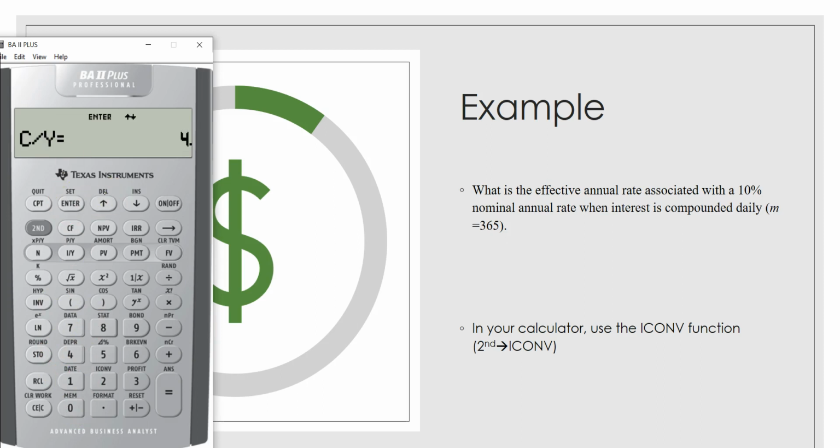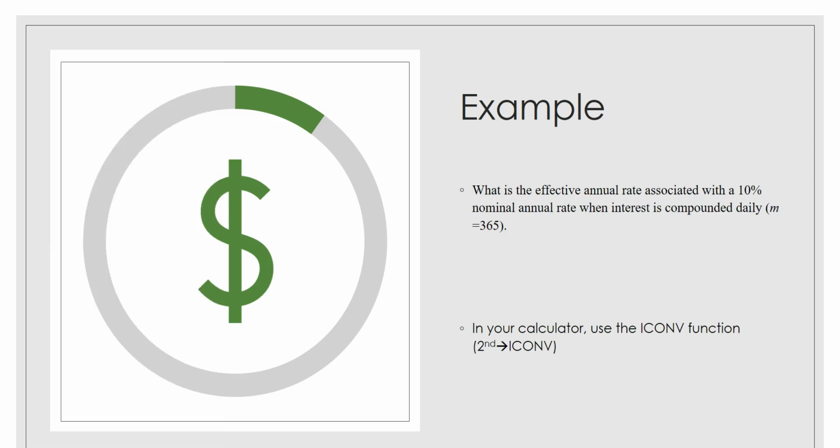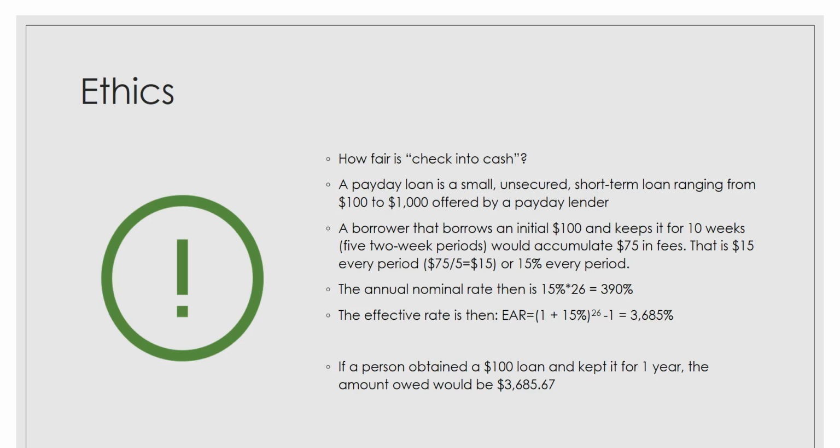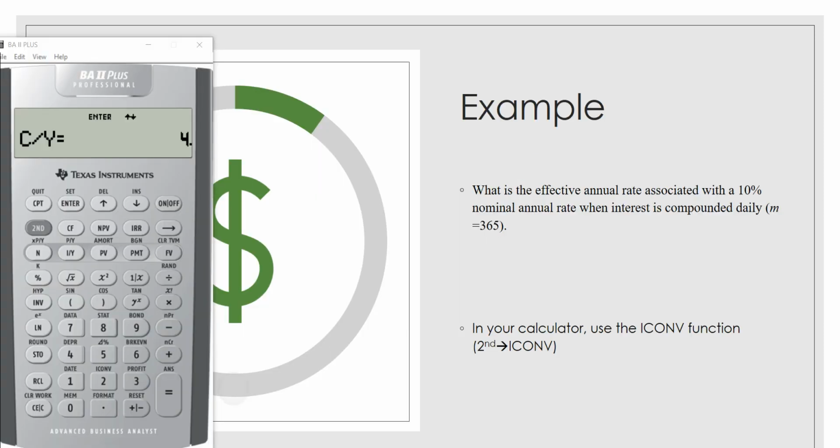Compounding periods per year, this is compounded daily, and there are 365 days in 1 year. So 365, enter, scroll up, and compute. And I got 10.52%.